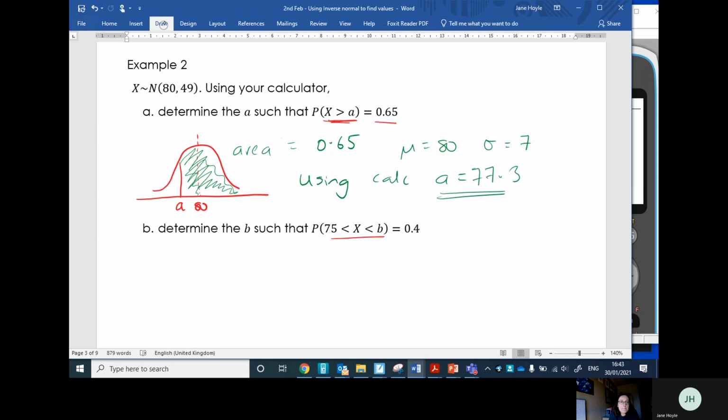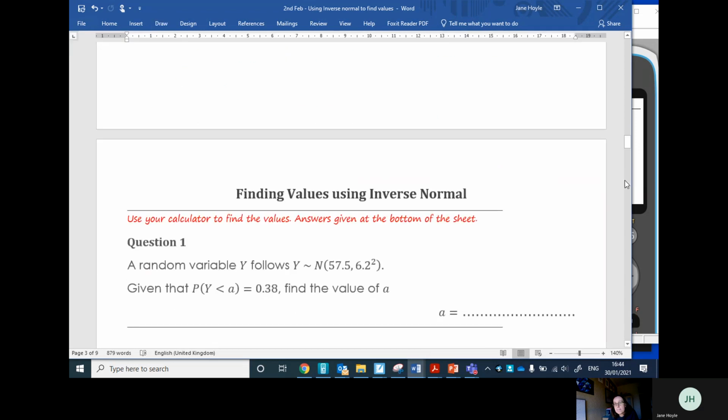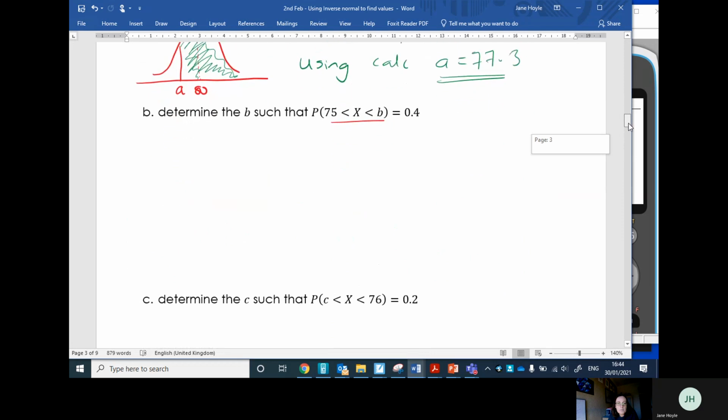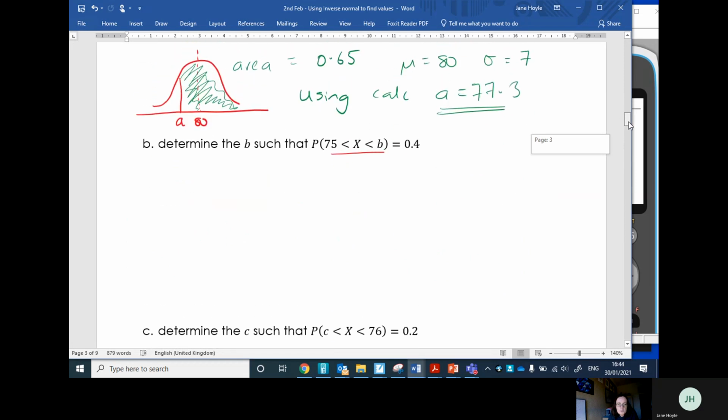Now, next one. I'm going to take a bit more time with my diagram. Determine the value of B such that, okay, so there is my curve.